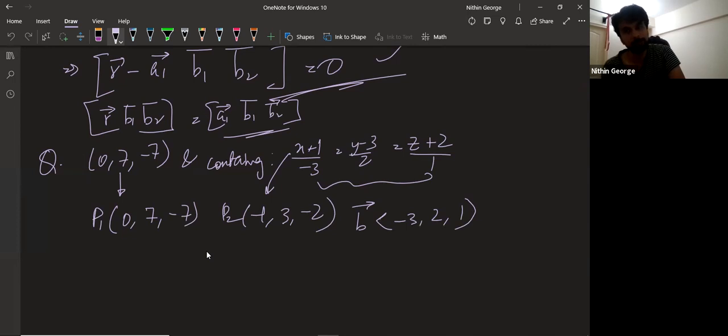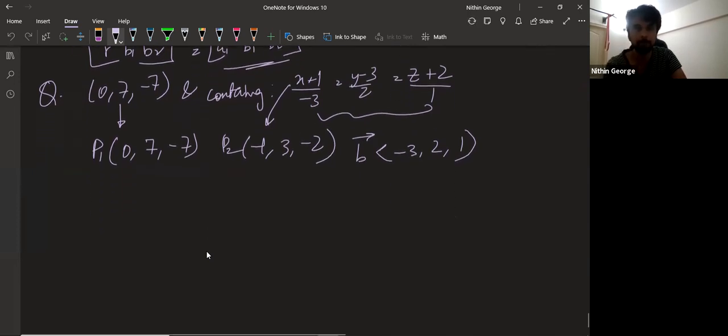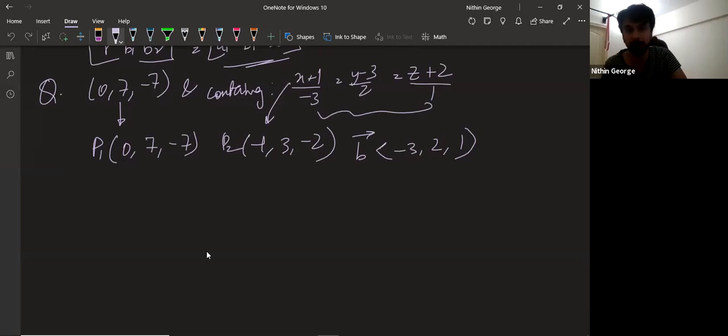To find the equation of a plane, what do you need? Two coplanar vectors, like two vectors parallel to the plane, and a point lying on the plane. We have 2 points lying on the plane and one coplanar vector. How do you find the second coplanar vector?